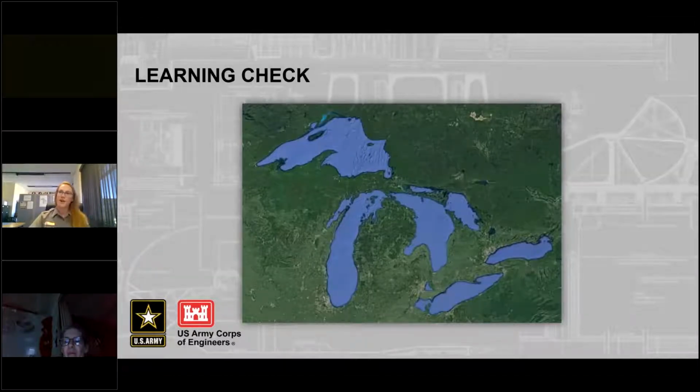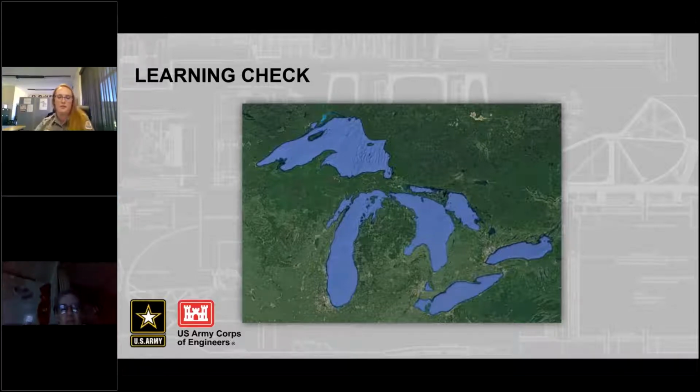So if everybody wants to get their chat functions ready, we have the first learning check. So my question to you is, what are the names of the two obstructions and man-made features that guide ship length?